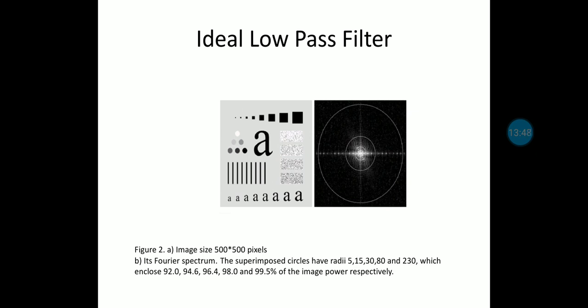Once we have 98 or 92 percent of the image power, there has been some power removed by these filters, isn't it? The value will depend on the percentage we have taken. If you are taking 92%, the power removed is almost 8%, isn't it?